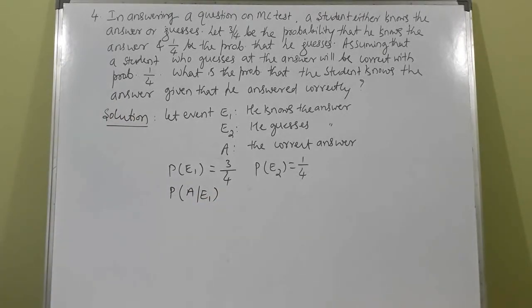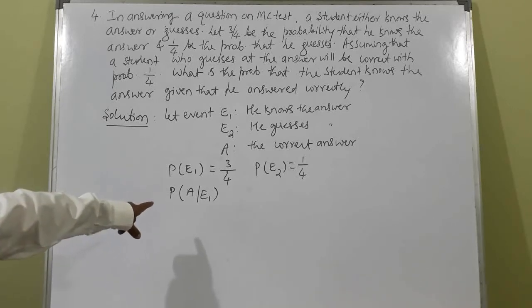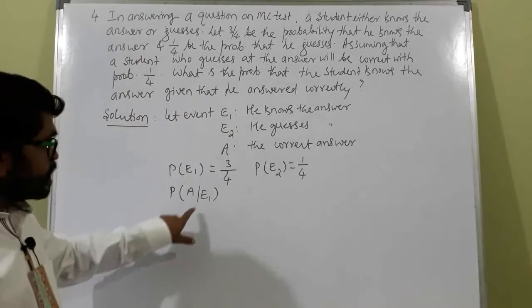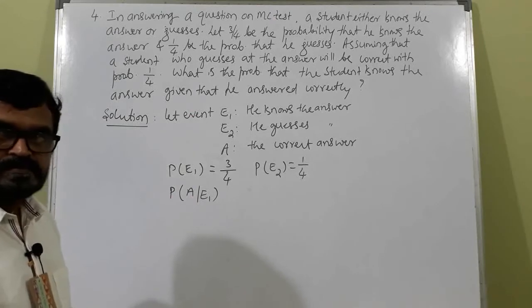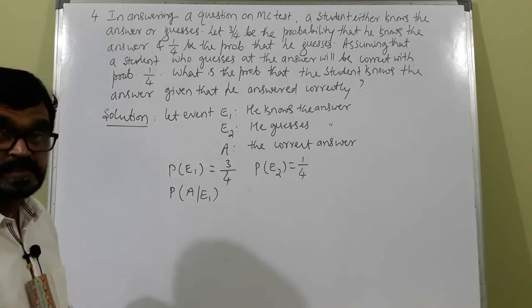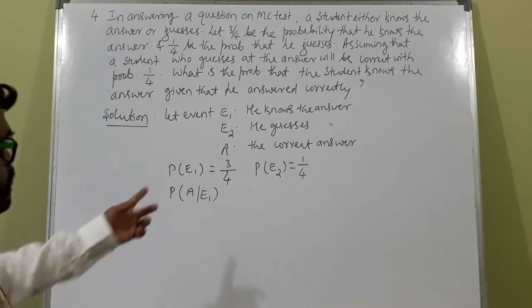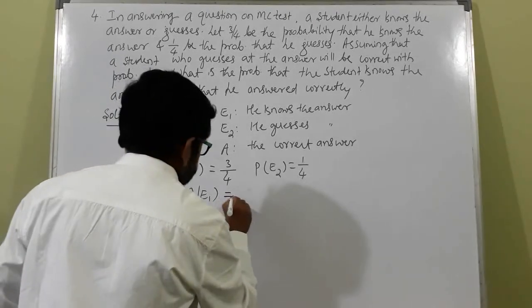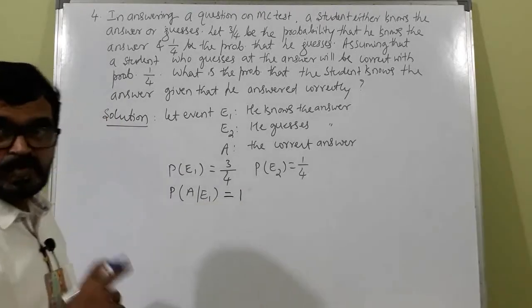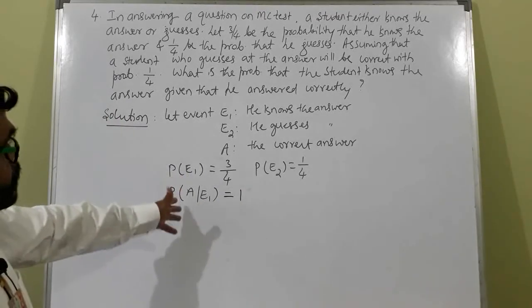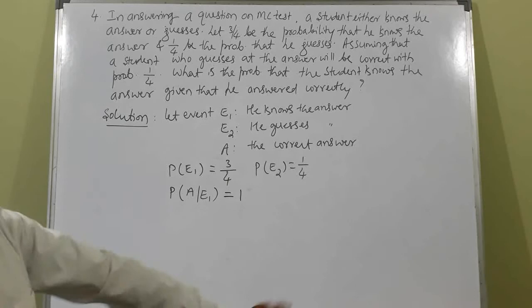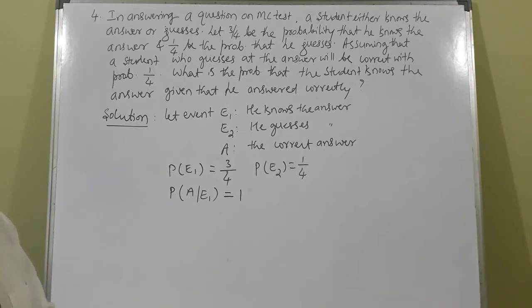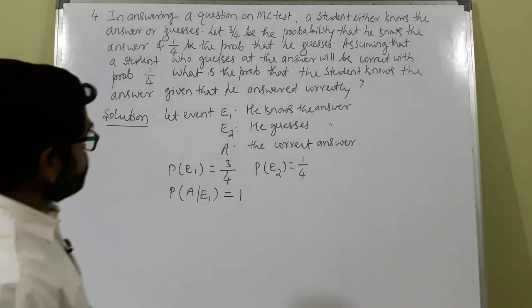What is the probability of the answer being correct when he knows? How much is it? That is sure, isn't it? When he knows, obviously he will give the correct answer. That means this is a certain event. Only you people, even though you know the correct answer, you will commit mistakes in exams due to some hurry, some other problems. After coming home, you will realize that.